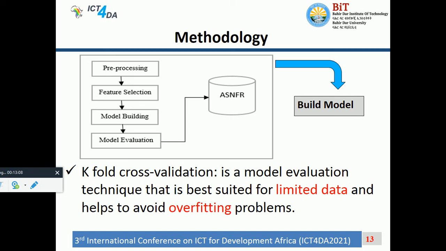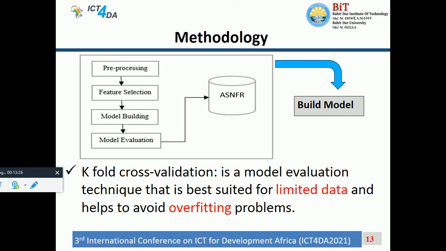So we did both TF-IDF and word embedding, like pre-trained word2vec models. We did feature selection and model building, with three machine learning algorithms: SVM, NB, and KNN. Then model evaluation.